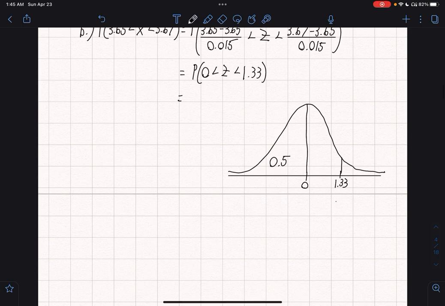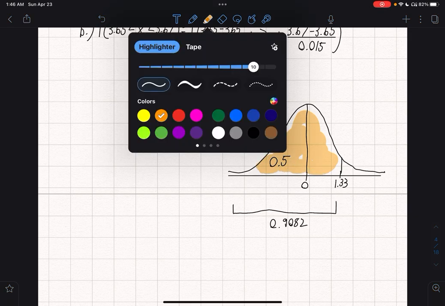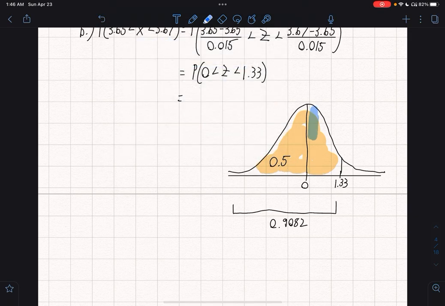So from here over is 0.9082. So that's the whole orange area. But I only want the blue area. So I can just subtract the two.